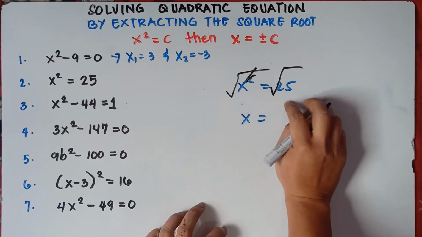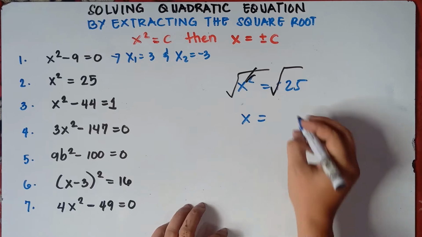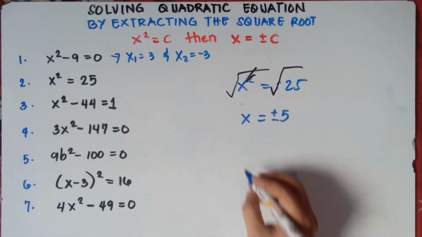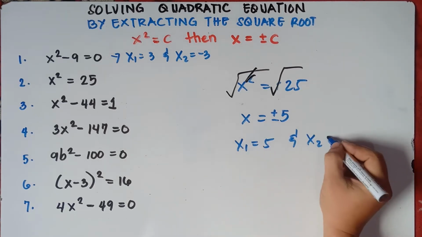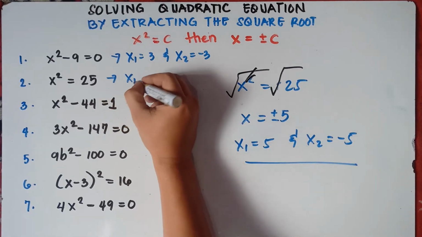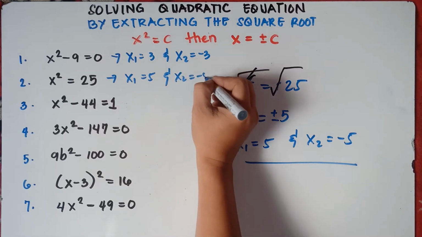For the square root of 25, you think of a number that when multiplied by itself gives 25, which is 5. So you put positive, then negative. Your x sub 1 is positive 5 and your x sub 2 is negative 5.